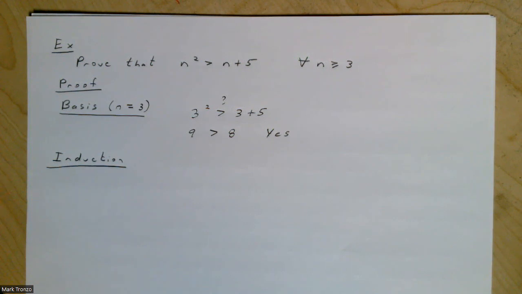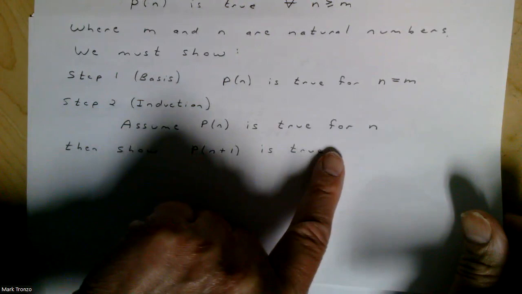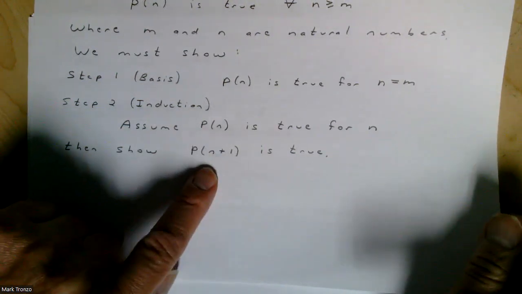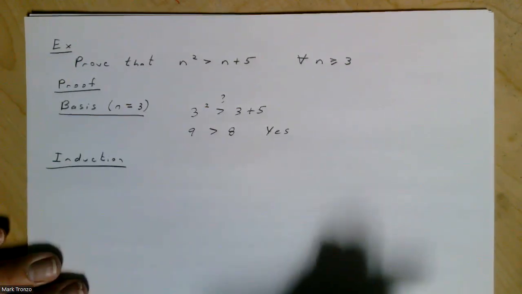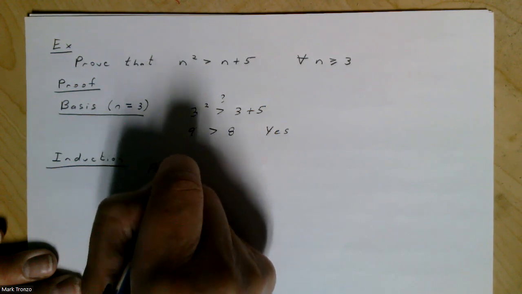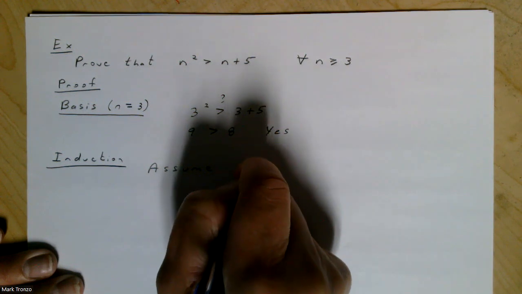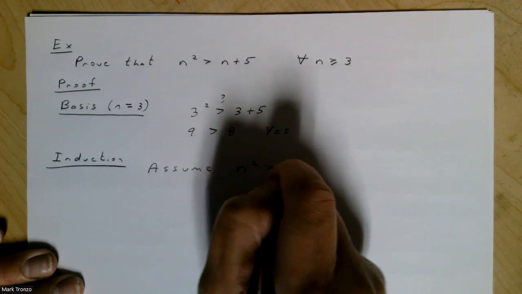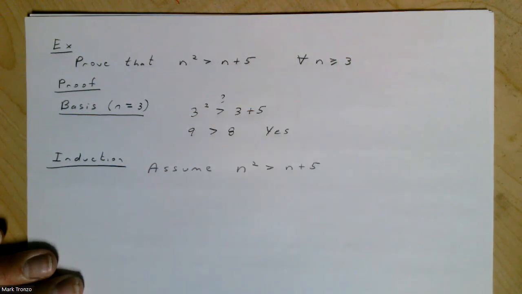And remember from our induction step, we're allowed to assume that the property is true for n. And we want to show that it's true for n plus 1. So let's assume that this is true.